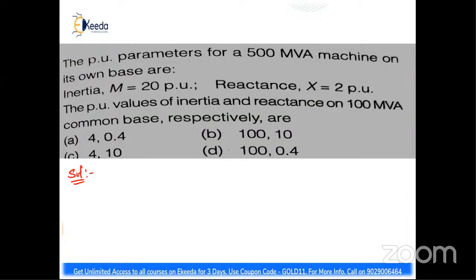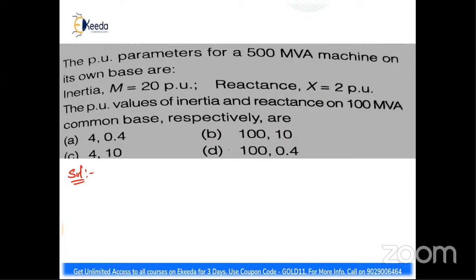The PU parameters for a 500 MVA machine on its own base, inertia M is equal to 20 PU. Can you try this solution, Sundar? Are you there? So the options are A, B, C, D, right? So let us solve this.